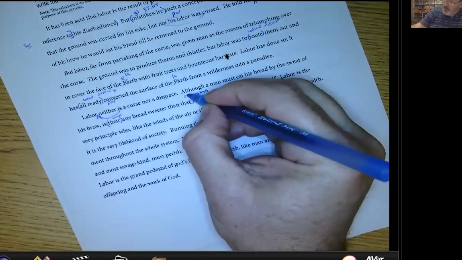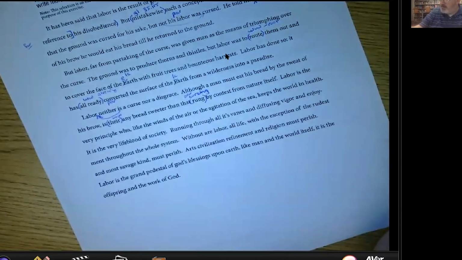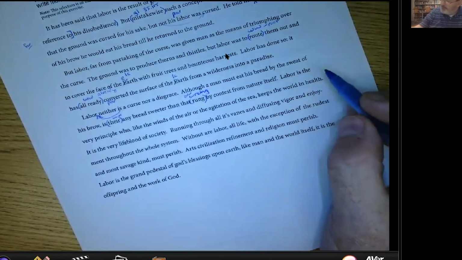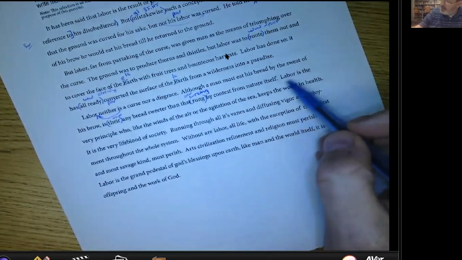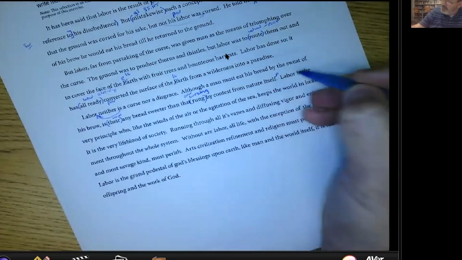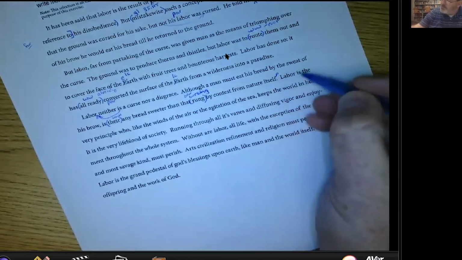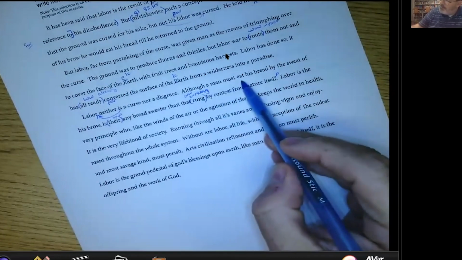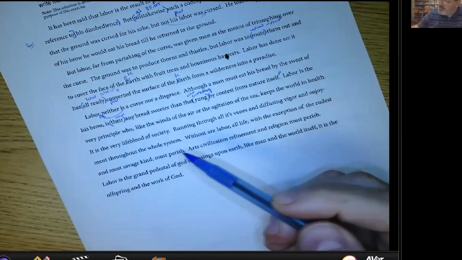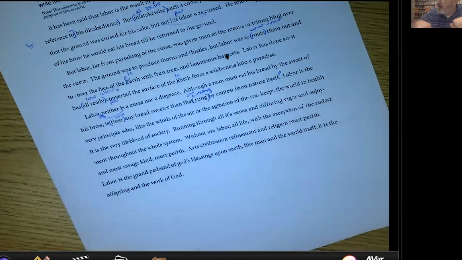That's the wrong word. By contest from nature itself. All right. This is a question, so this is a punctuation problem. It should be a question mark. See, although a man must eat his bread by the sweat of his brow, comma, is there any bread sweeter than that wrung by contest from nature itself?